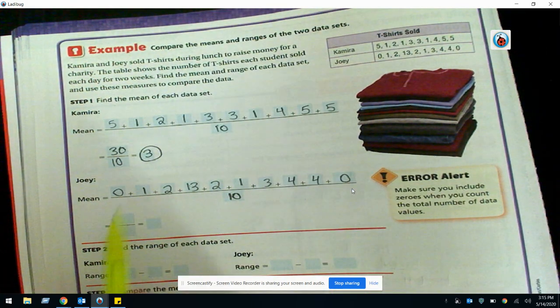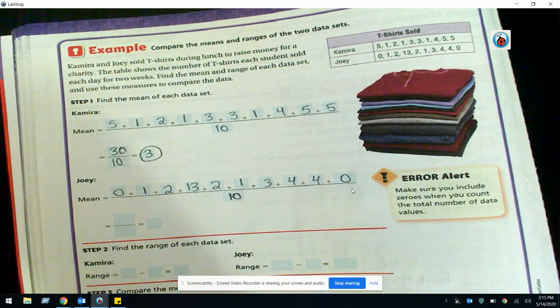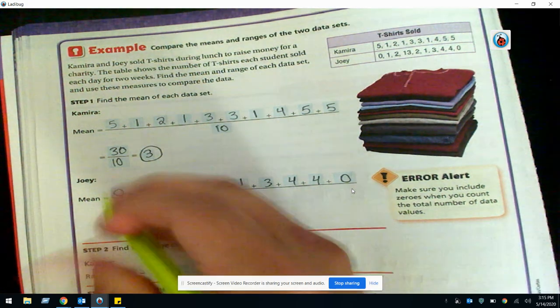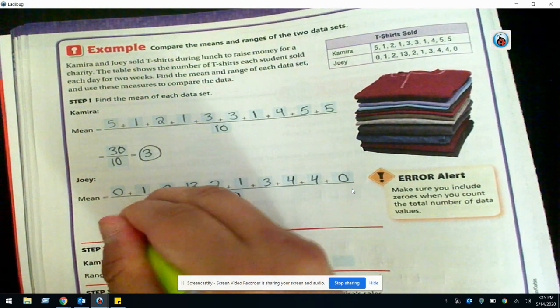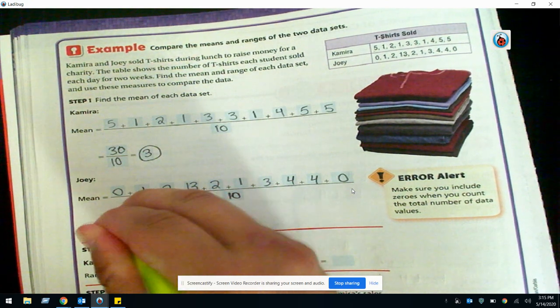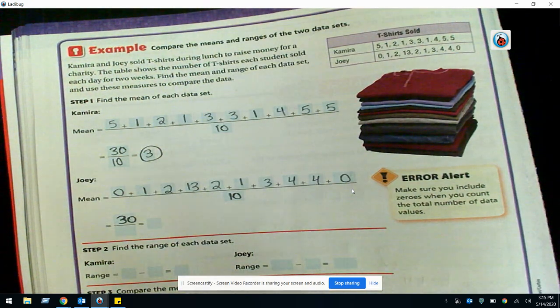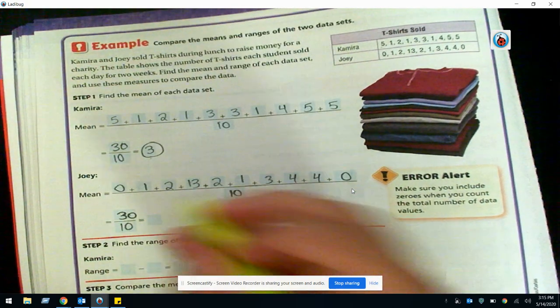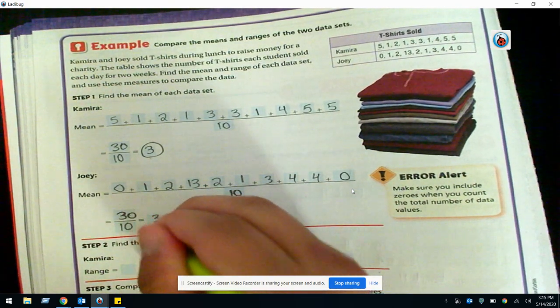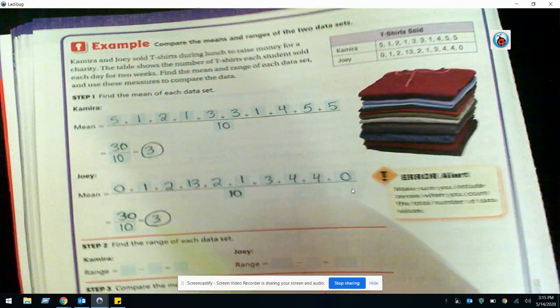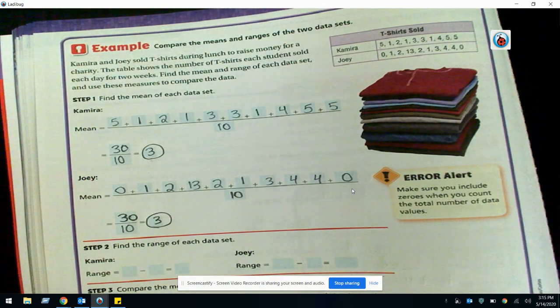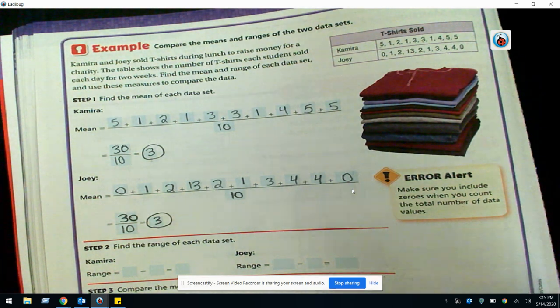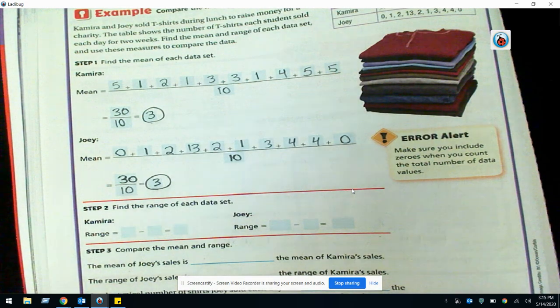When you add all these numbers up, you get a total of 30. When you divide by 10, same thing as above, 30 divided by 10 will get you 3. So if you notice, Kamara and Joey both have a mean of 3, but different values in their data sets. So now we need to find the range.